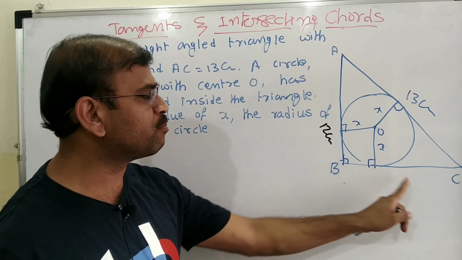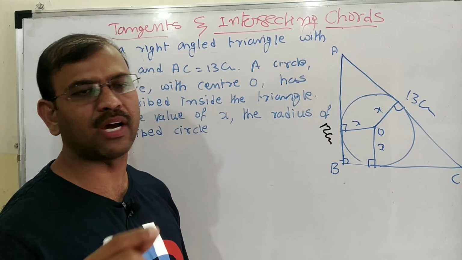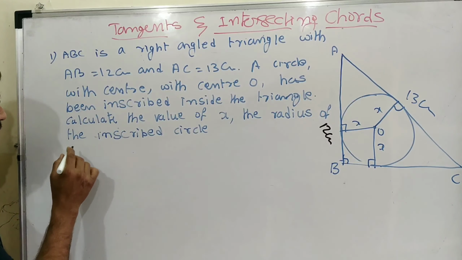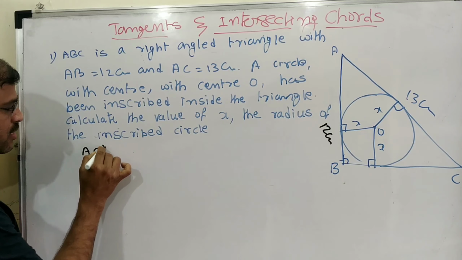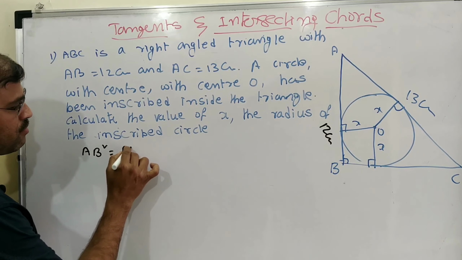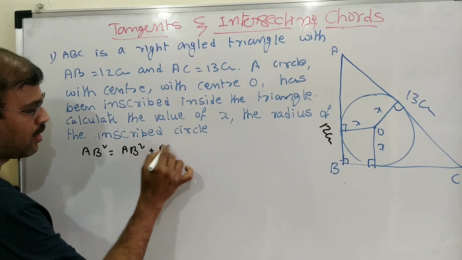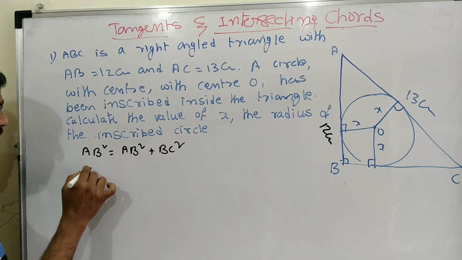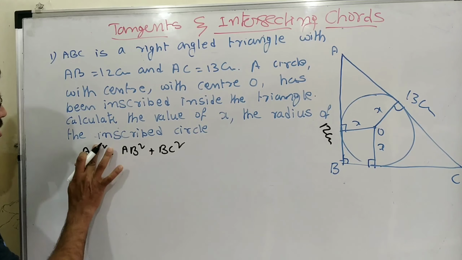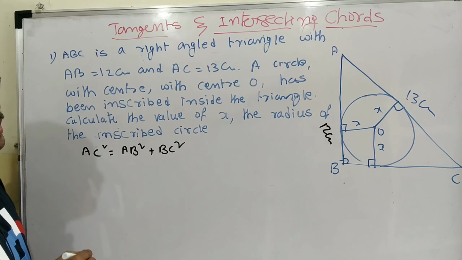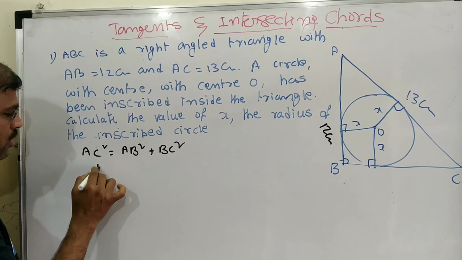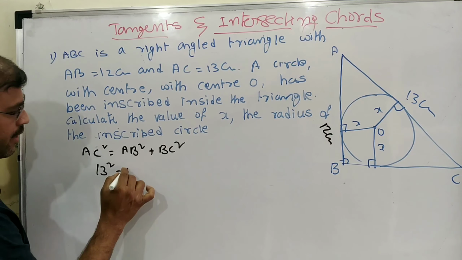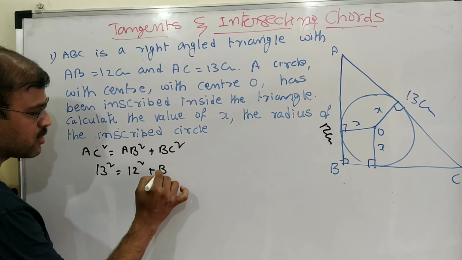First we'll find BC by using the Pythagoras theorem. What is the Pythagoras theorem? Hypotenuse square equal to sum of other two sides square. So hypotenuse according to the question is AC square. AC is 13 square, AB is 12 square plus BC square.